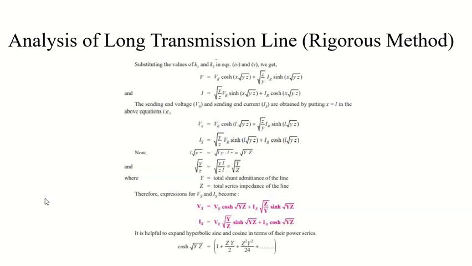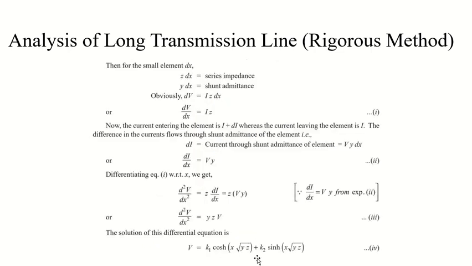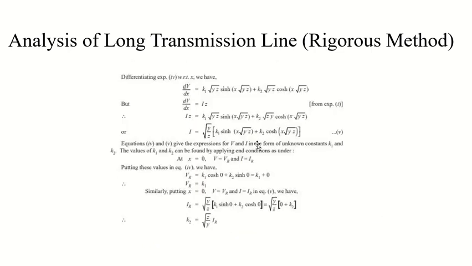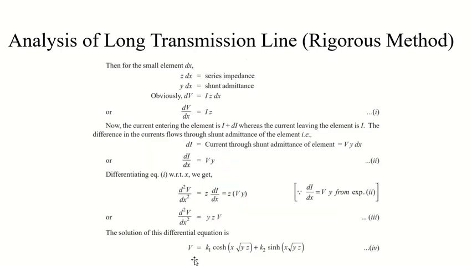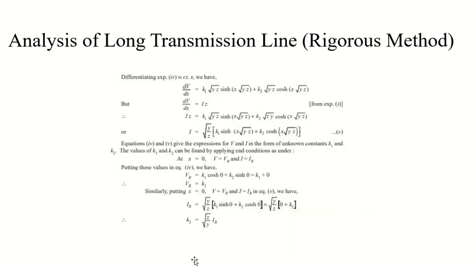Now we have the values of k1 and k2. So we will simply substitute these values in equations 4 and 5. See, this was my equation 4 and this was my equation 5. What is the value of k1? k1 is VR, and k2 is under root of z by y into IR.